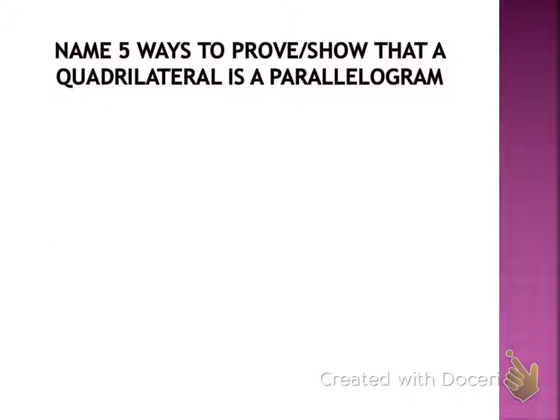Okay, so this last slide, you don't necessarily need to write this down, but let's talk about it. How can we prove or show a quadrilateral is a parallelogram? Both pairs of opposite sides are congruent. Same for the angles. Both pairs, opposite sides congruent.